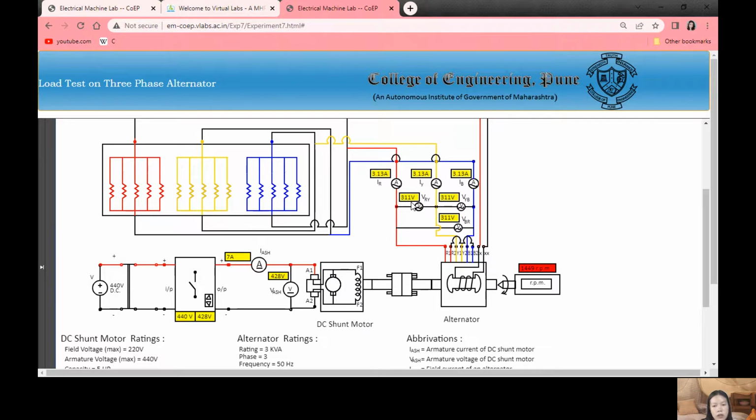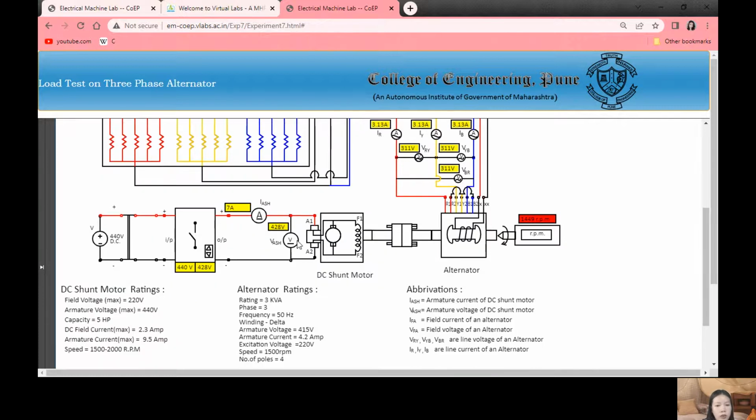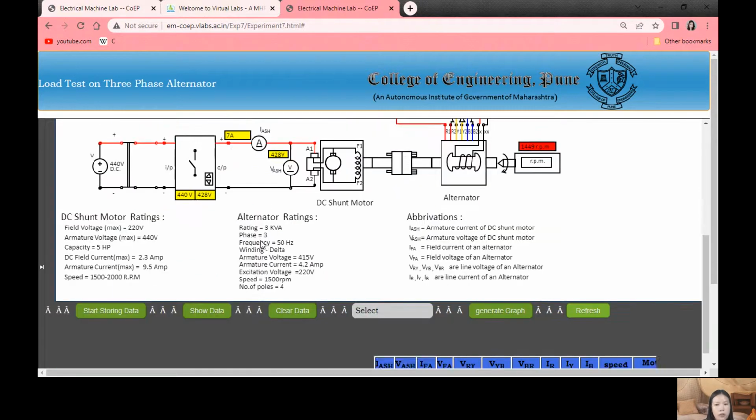So, yung 417 voltage natin is naging 311 na lang. And then, yung 0 amperes natin kanina is nag-increase siya ng 3.13 ampere. And then, yung armature voltage ng DC shunt motor natin is hindi siya nagbago, while yung armature current ng DC shunt motor is nag-increase siya ng 7 ampere.